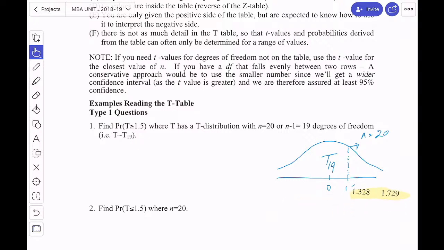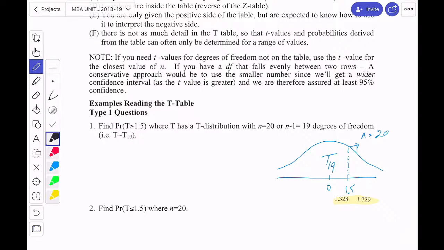So these values fall around 1.5. And this one corresponds to 10% on the right, and this one corresponds to 5% on the right.